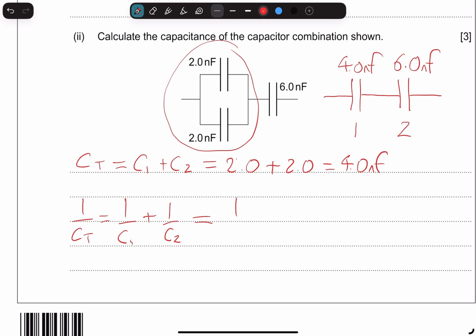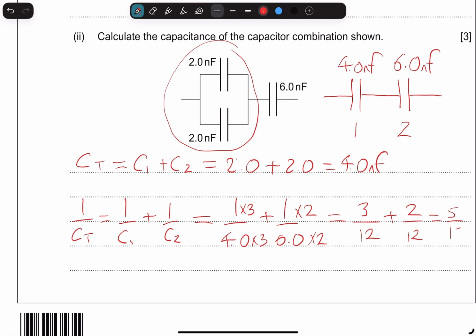So that's going to be 1 over 4 plus 1 over 6. If we multiply the top and bottom of this one by 3, and the top and bottom of this one by 2, we get 3 over 12 plus 2 over 12, which equals 5 over 12.